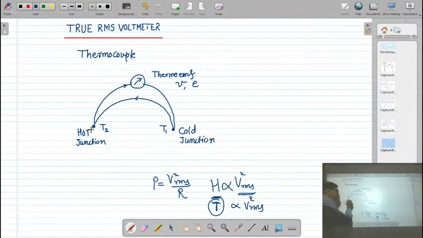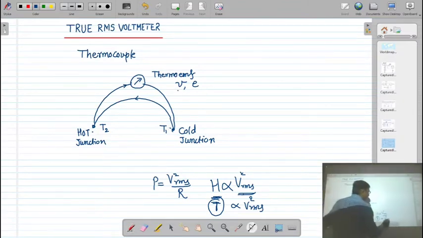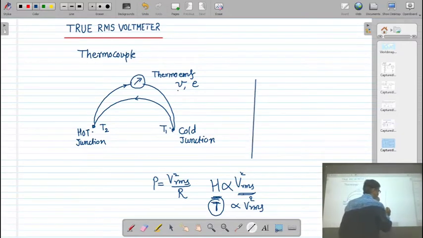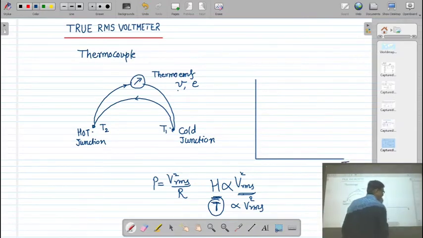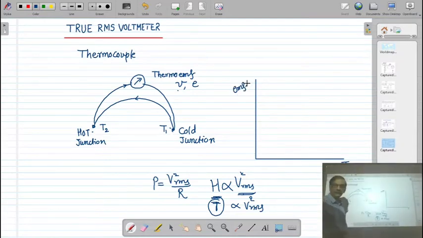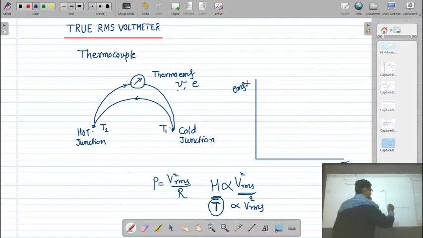Now, as the temperature difference between the hot junction and cold junction increases, the EMF value will also increase. If you plot the graph of temperature against EMF, the characteristic is like this.